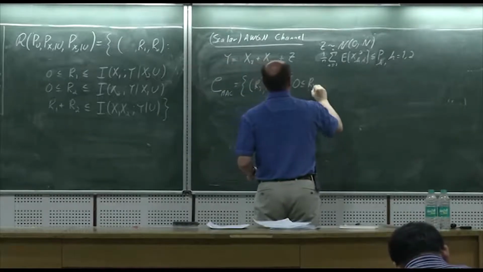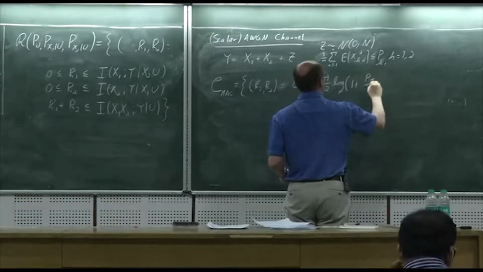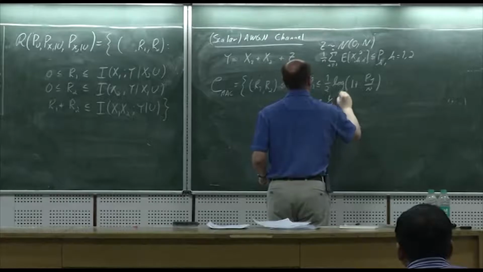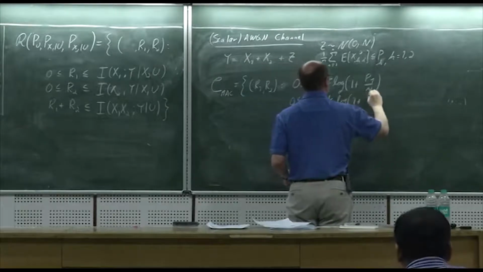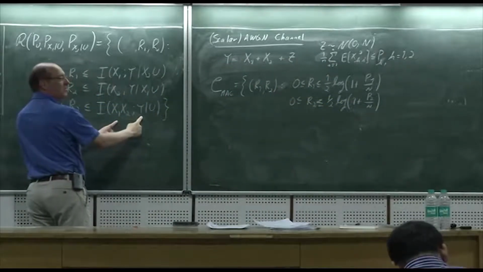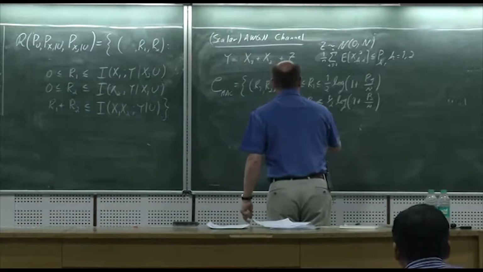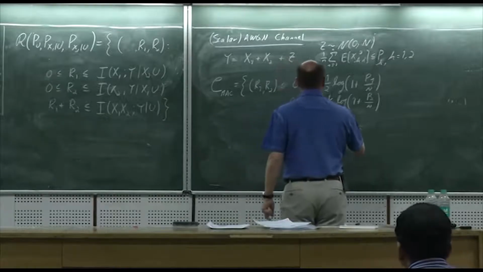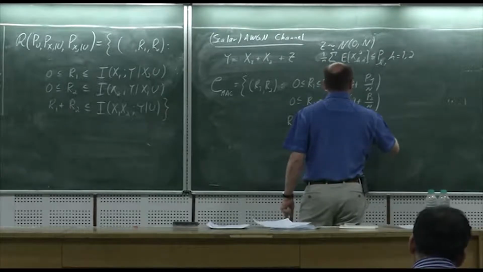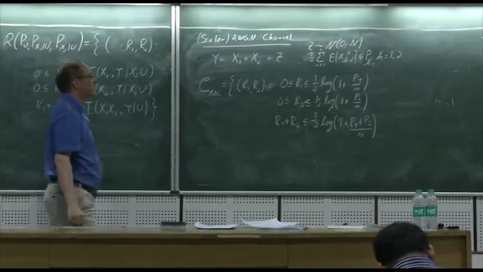It's R1 less than or equal to 1/2 log of 1 plus P1 by N, 0 less than R2 less than or equal to 1/2 log of 1 plus P2 by N. And the last one will be from I of x1, x2; y, so we'll get the entropy of y, the variance of y is at most p1 plus p2 plus n, so we'll just get a bound on r1 plus r2, same bounding techniques. Right, that is the capacity region of this channel.